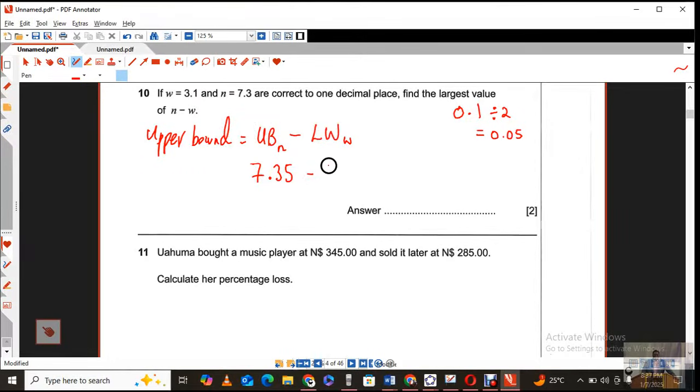So that's going to give me nothing but 3.05. So that's the lower bound. Let me put a B there so it doesn't get confusing. Punching that in gives you nothing but 4.3. And that's it, you're done there.